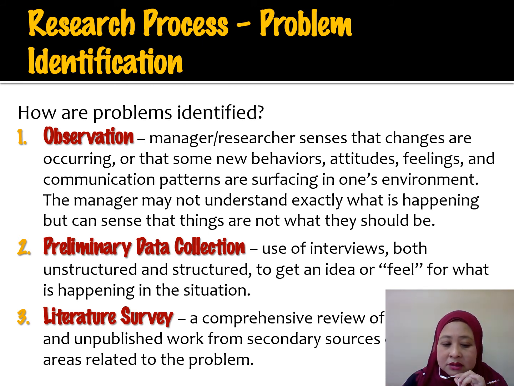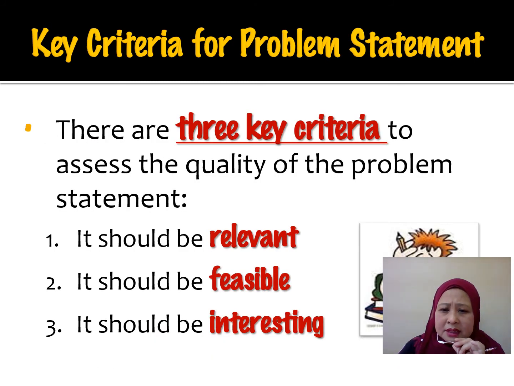And the third one, through your literature survey, from readings, not only from your articles but also from your newspaper, then you can identify your problem. And there are three criteria to assess the quality of the problem. The first one, relevant.